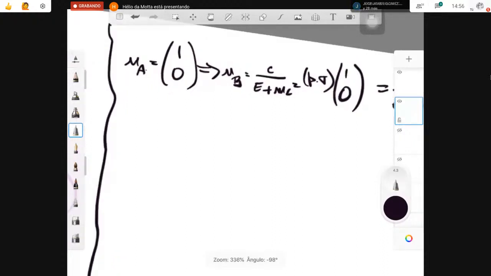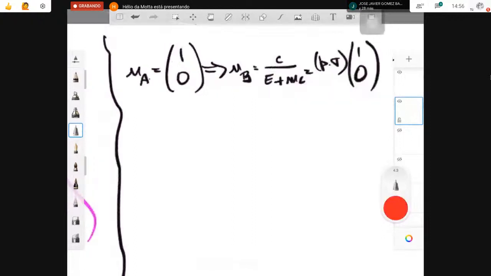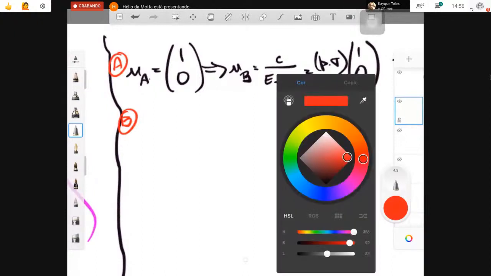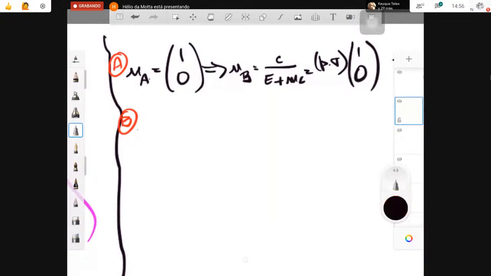Another situation, let me mark it here, is as A. The other situation, CB. Then we're going to have U_A equal to, in the other case, 0, 1.